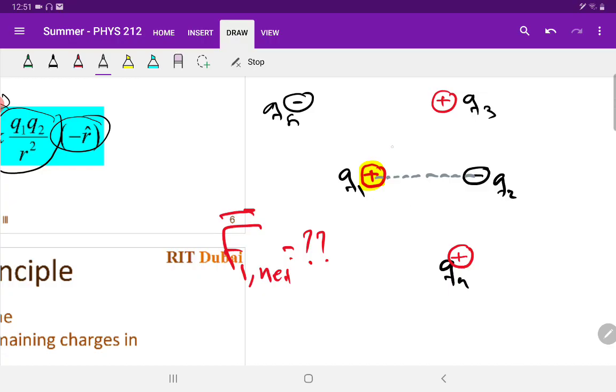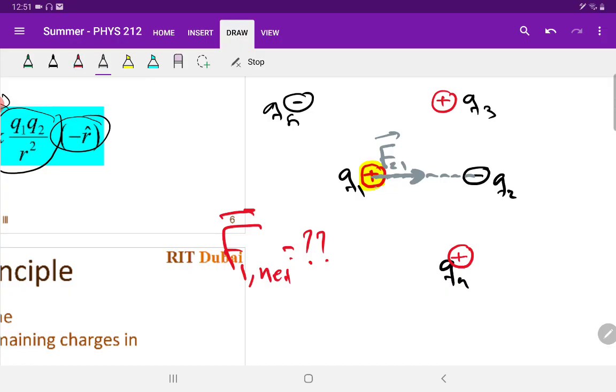In this case, I have F21, the force that Q1 feels because of Q2. That's the magnitude. Now, in which direction? Since this one is positive and this one is negative, we expect the force to be attractive. So the direction of F21 will be in this direction.